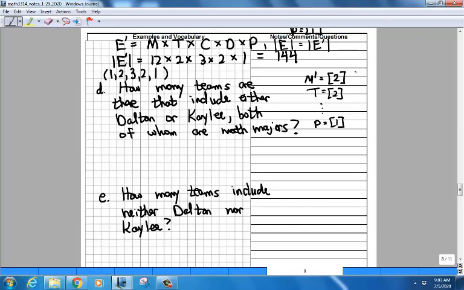So instead of using the set of all math majors as a possible part of our cross product to build the teams, we'll just restrict our set of math majors to 2 choices. So M prime has only 2 elements in it, correct? So 1 and 2 have to represent Kaylee and Dalton in some order that we have picked.